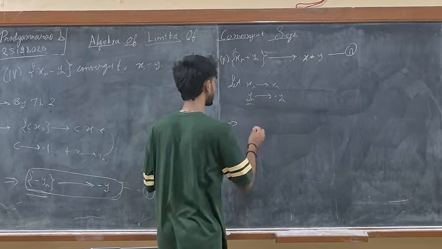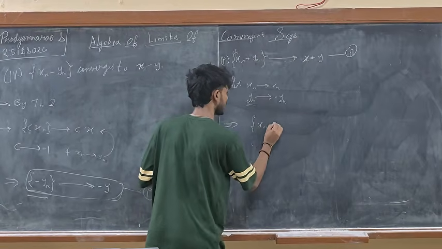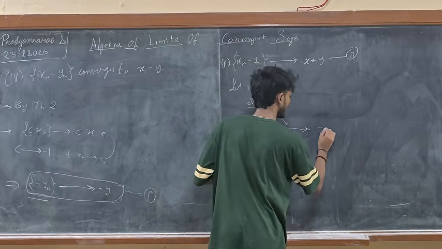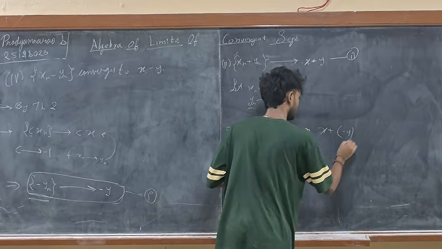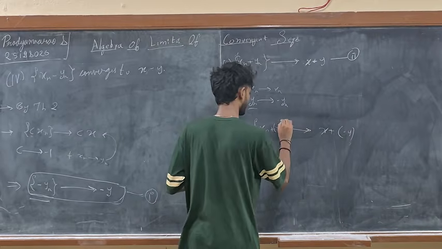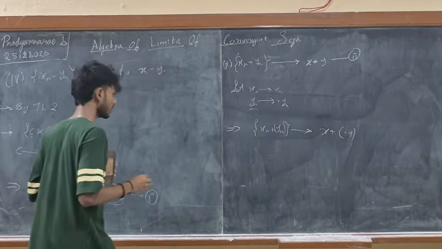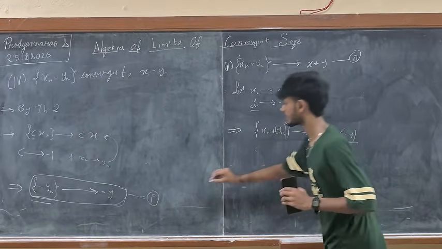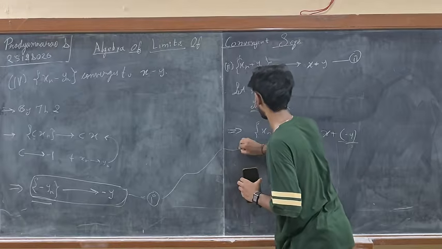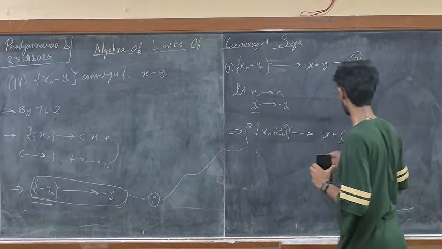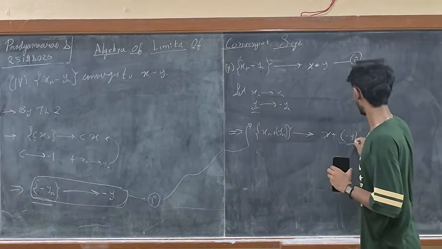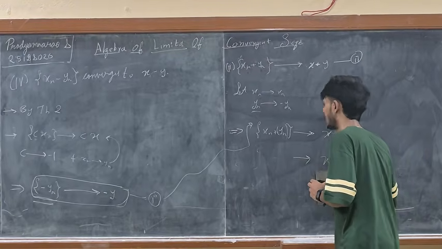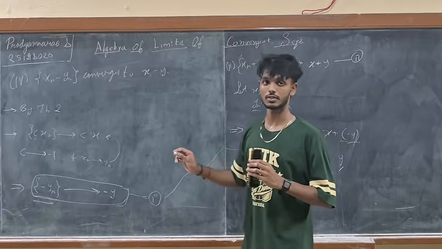So the new sequence that we will be getting is x_n plus y_n, and this will be converging to x plus minus y. How did we get this minus y? We got this minus y using equation 1 in this equation. So this is basically x minus y, and that is what we had to prove, and hence we proved the equation.